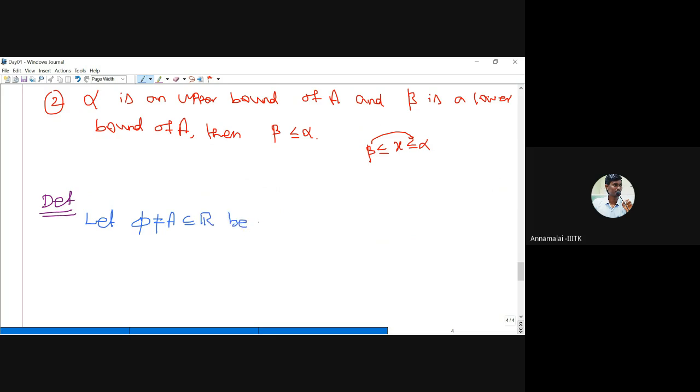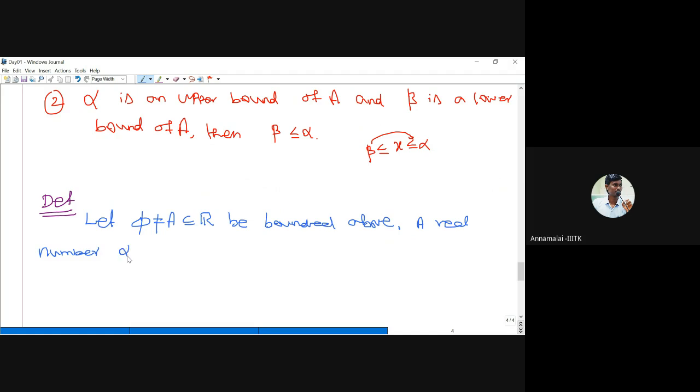For a bounded above set only can we talk about the upper bound. This is a guarantee, bounded above guarantees that at least one upper bound exists. Suppose we have some bounded above set. Then we say a real number alpha is said to be least upper bound or supremum.